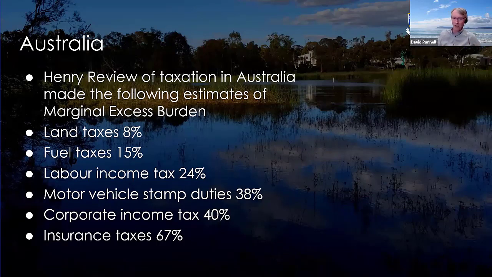In fact, the list was much longer than this. I've just grabbed out some examples. And they ranged from 8% for land taxes, so they estimated that land taxes were not very distorting, through to, I don't even know what insurance taxes are, to be honest, but anyway, 67% marginal excess burden on insurance taxes and pretty high on corporate income tax.